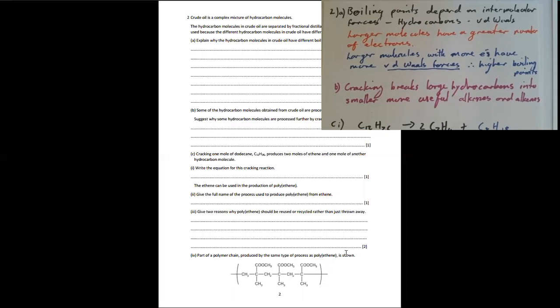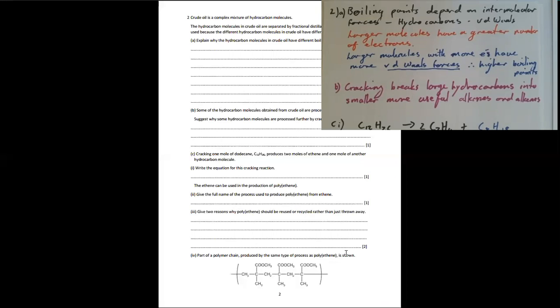And the intermolecular forces in pure hydrocarbon is van der Waals forces. Van der Waals forces depend on the size of the molecule. The greater the molecule, the greater the number of electrons. So large molecules with more electrons, more attachment points, have more van der Waals forces, therefore higher boiling points. Right, so that would be my explanation for the 2 marks.